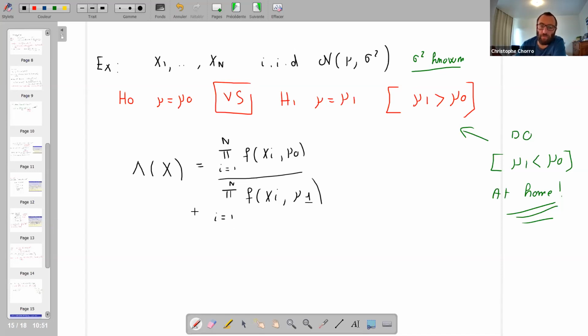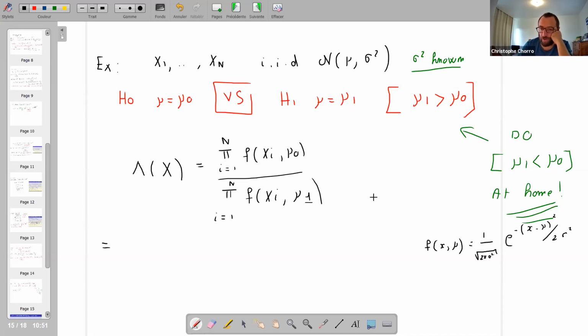And I can obtain explicitly in my situation, because I have a hypothesis concerning the distribution, what this is. So I have a Gaussian distribution. If I do this, you replace here by the Gaussian density. I keep in mind that f of x mu is given by 1 over the square root of 2 pi sigma square, exponential of minus (x minus mu) square over 2 sigma square.